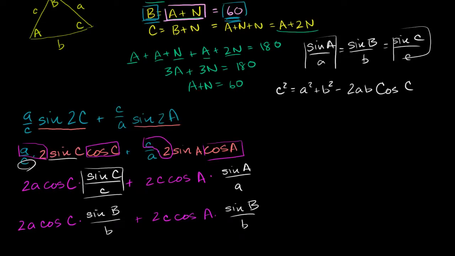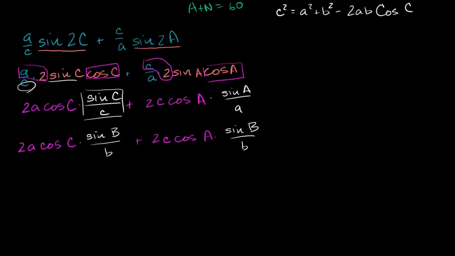So let's factor it out. This is the same thing as 2a, and I already have a sense of what the next step is, so I'm going to leave a little space here. 2a times cosine of c plus 2 lowercase c times the cosine of a, and all of this times the sine of b over b.